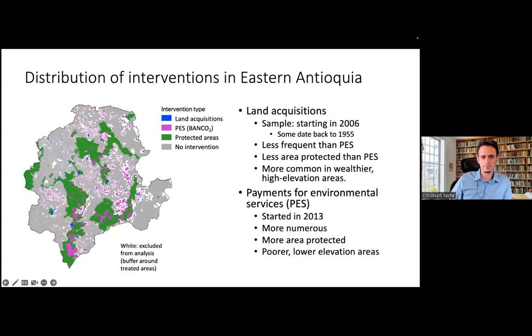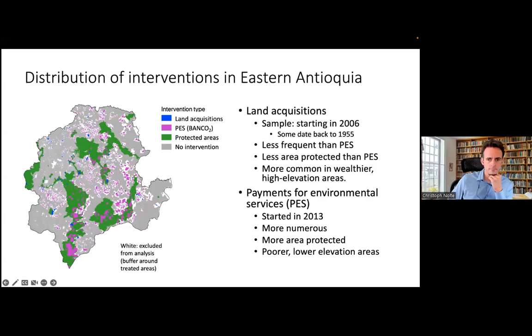You can already start to see that the PES parcels are much more numerous. They're much larger in extent, cover a much larger area, even though our land acquisitions started much longer ago, some dating back to 1955.